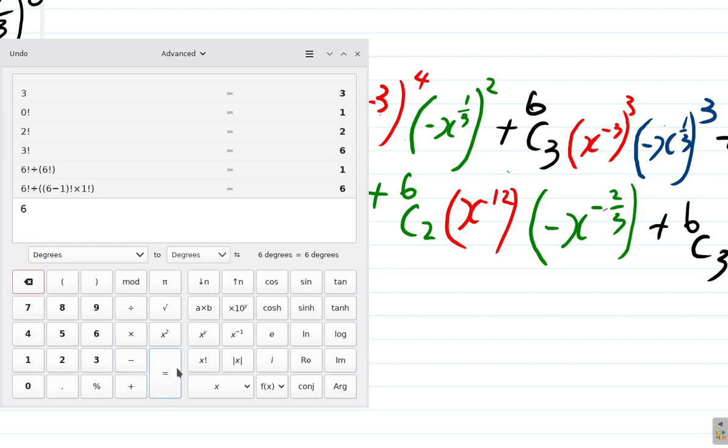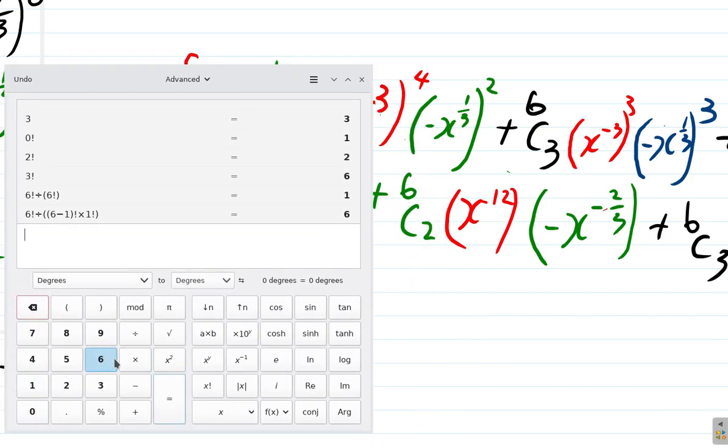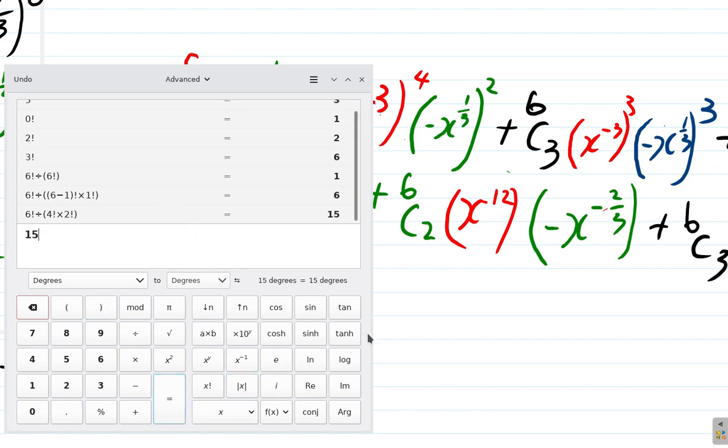So, this is 6 factorial over, open bracket, 6 minus 2, which is 4, so over 4 factorial times 2 factorial, close bracket, equal. And we have 15. So this part is 15.